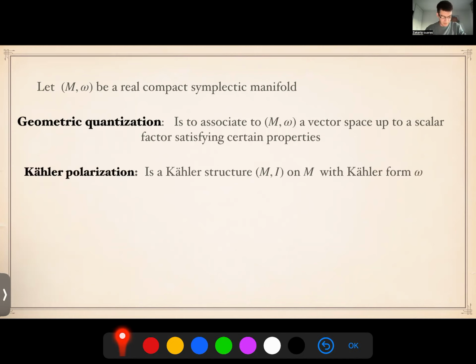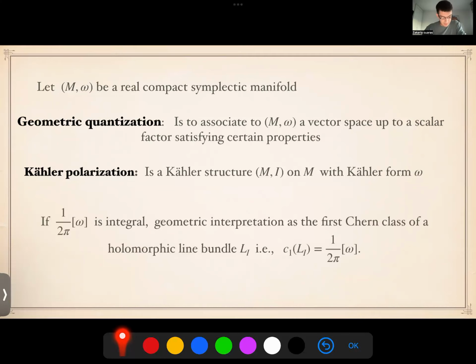In this talk, we are interested in Kähler polarization, which means a Kähler structure on your symplectic manifold compatible with your symplectic form. And if 1/2 pi, the class of the symplectic form, is integral in the de Rham cohomology group, you can give a geometric interpretation of this symplectic form as the first Chern class of a holomorphic line bundle.